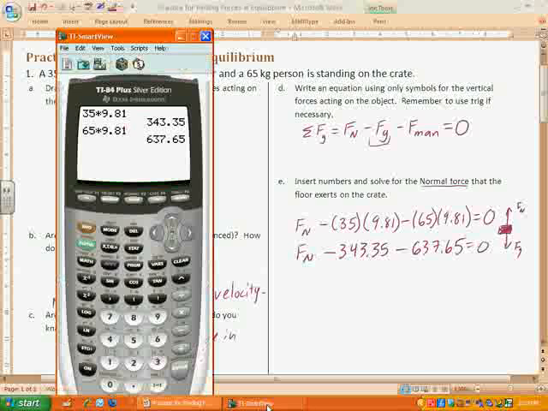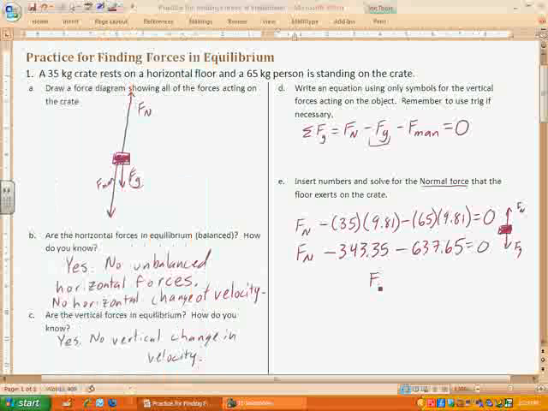Move them to the other side, so we've got 343.35 plus 637.65, and we get 981 newtons. So the normal force in this case is 981 newtons. There you go. First problem's all done. All right, go on to the second video and try the next one.